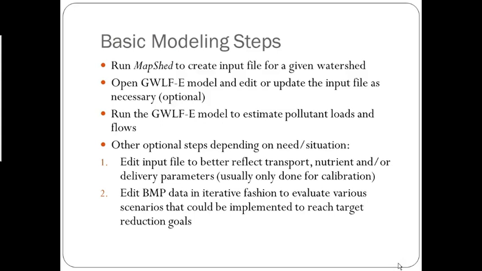There are other optional steps that can be utilized depending on the need or situation. For example, one could edit the input file to better reflect transport, nutrient, and/or delivery parameter information, and this is usually only done if there's calibration being undertaken, or if it is known that there's better information that should be used. Typically, though, the input file does not have to be edited, and one could just do the 2-step operation as described above.